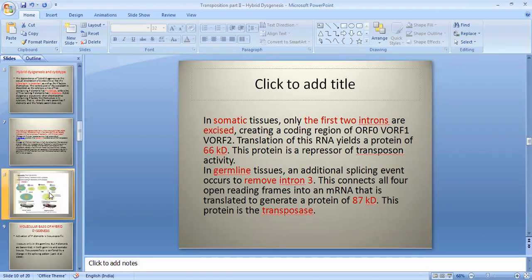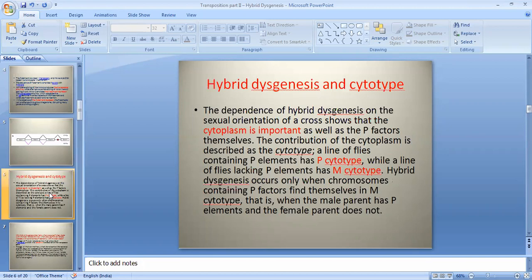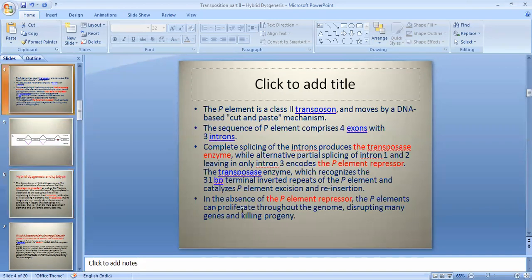Okay, now going back here, in the absence of P element repressor, the P elements can proliferate. Now you see that if the P element is present in the somatic cell, it will produce only repressor, because in somatic cells the splicing of the third intron doesn't occur.